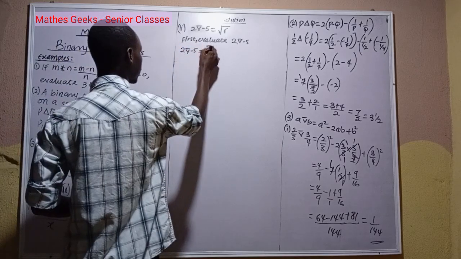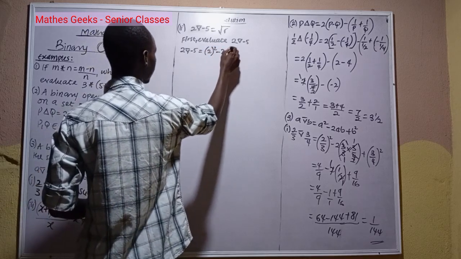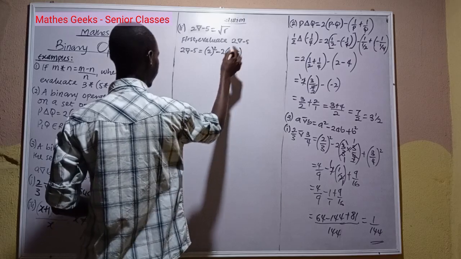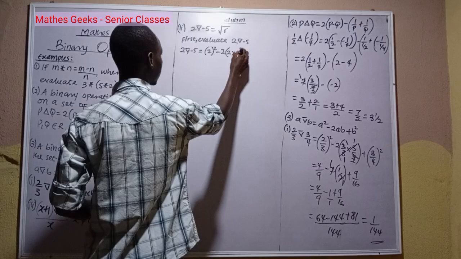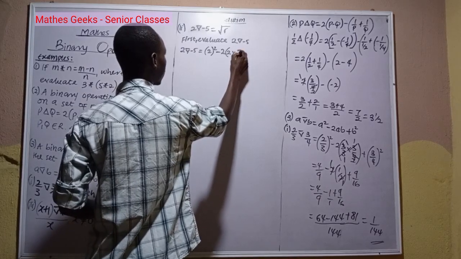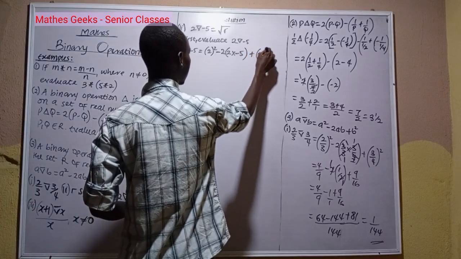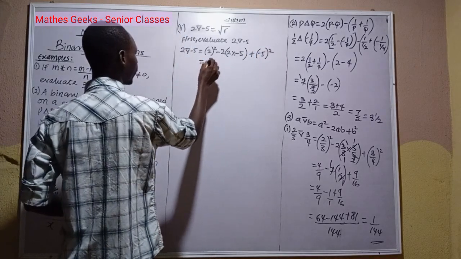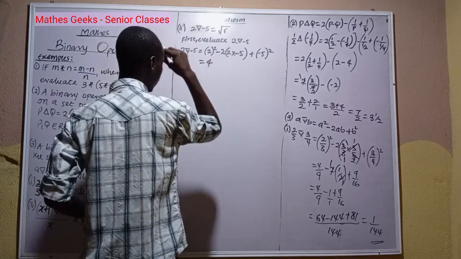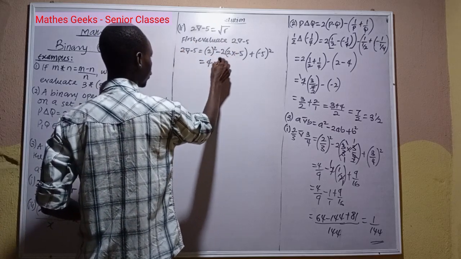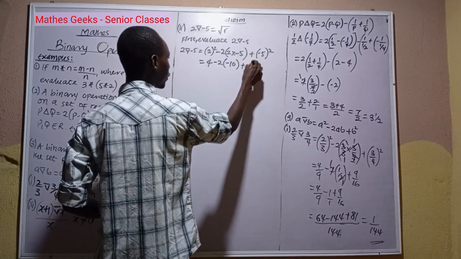Our formula gives us 2 squared minus 2 times 2 times minus 5, plus minus 5 squared. That is 4, minus 2 times minus 10, minus 5 raised to the power 2 is plus 25.